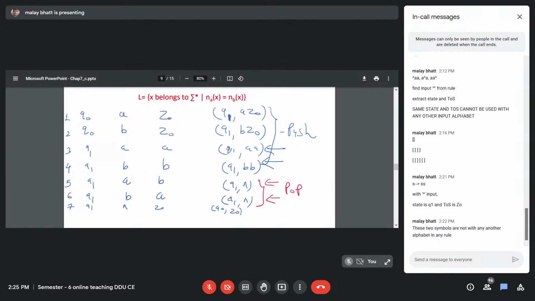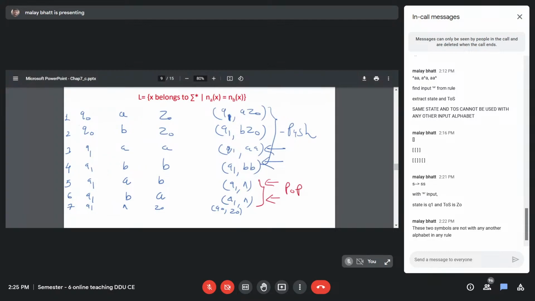AB is valid, BA is also valid. Is it clear? So can anyone tell what we are doing in this deterministic PDA? The first symbol can be A, or the first symbol can be B also. But again, we have equality of A and B.